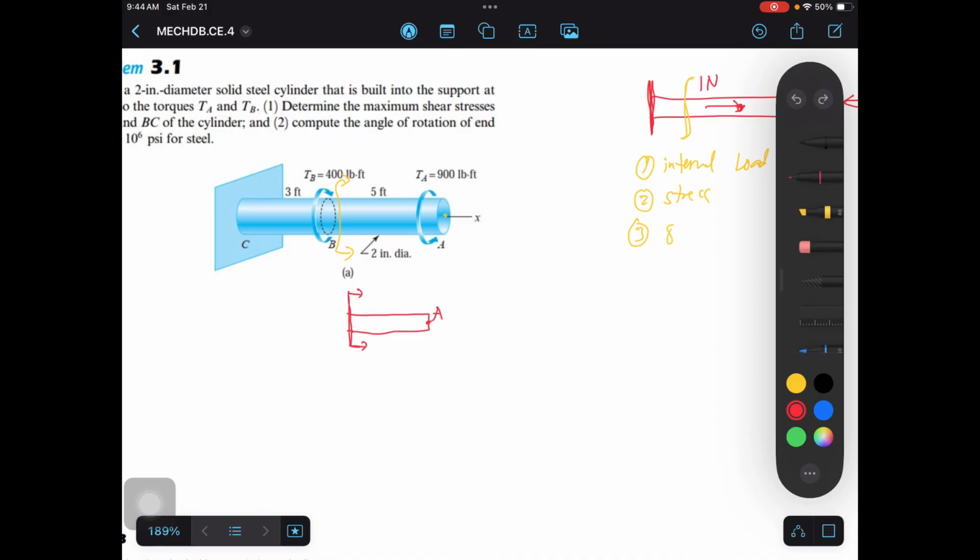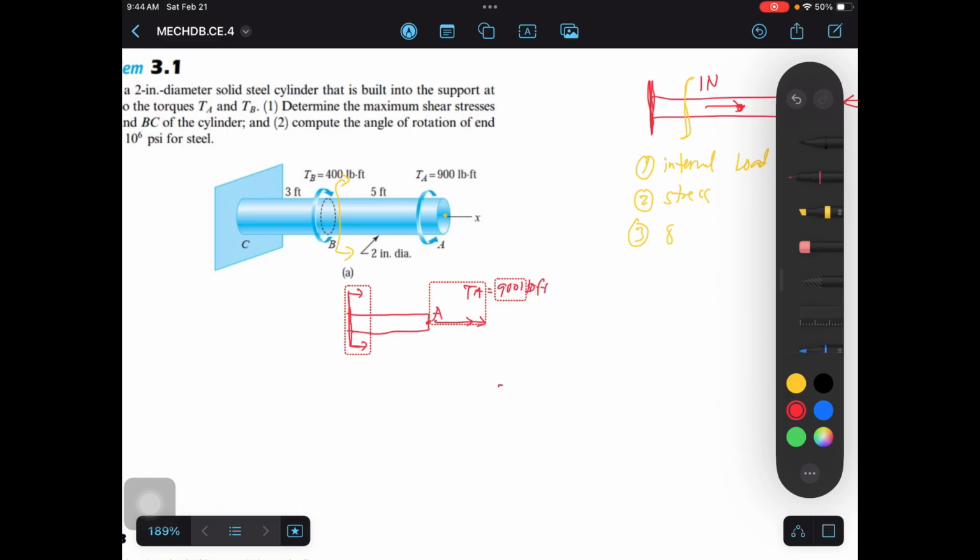So, now, sa point A, ano yung applied load natin? Let's draw na the applied load. It is a torque, which is counterclockwise ang direction. So, counterclockwise, that means a double-headed arrow going to the right. And TA is 900 pounds-feet.